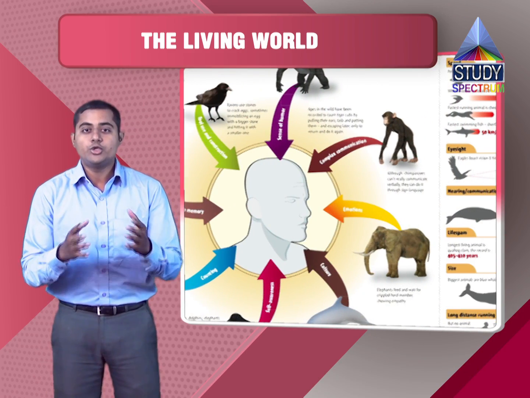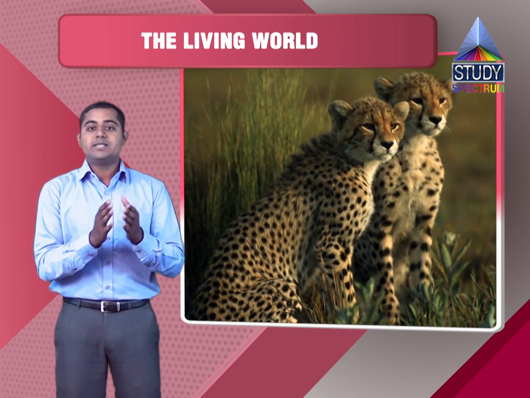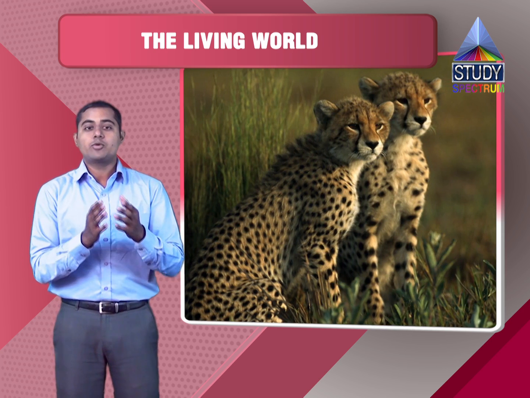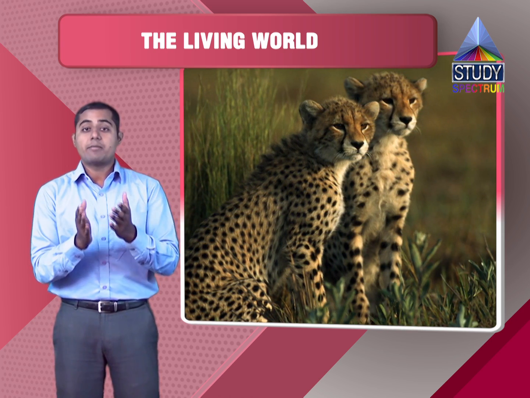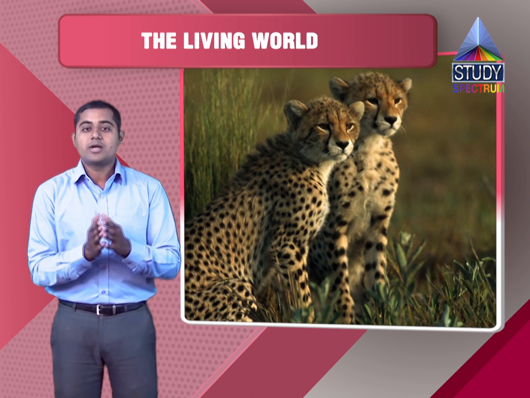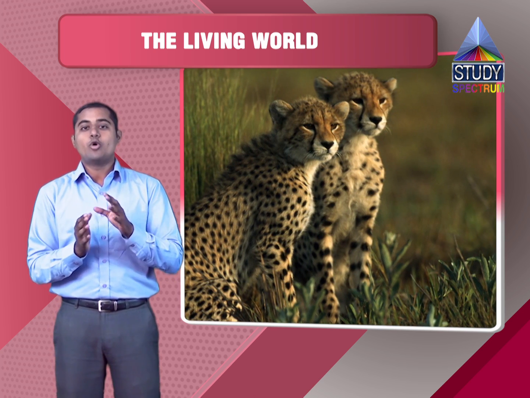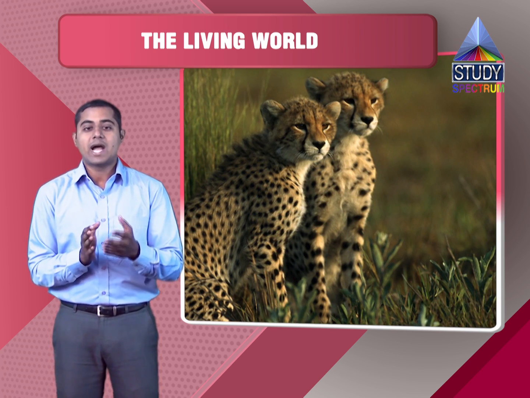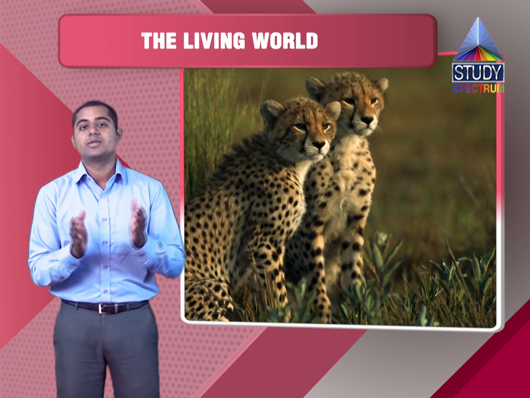If we talk about human beings: kingdom Animalia, phylum Chordata, class Mammalia, order Primata, family Hominidae, genus Homo, and species Sapiens. So we name human beings as Homo sapiens.